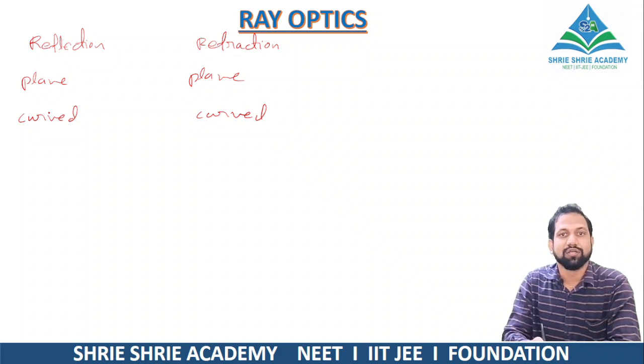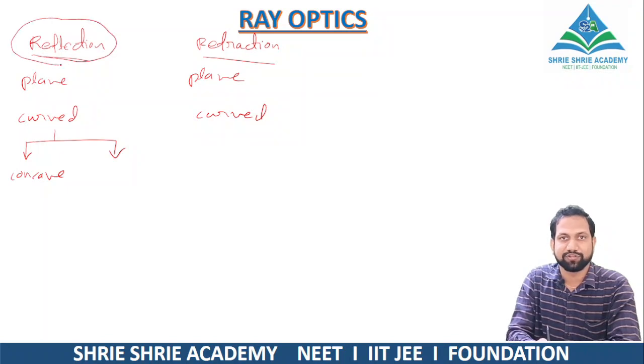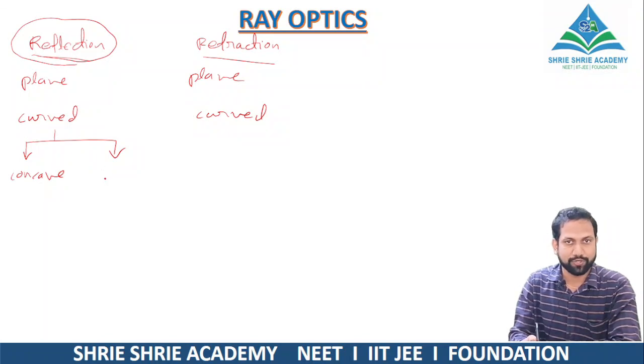Plane means the radius of curvature is infinity, but in the curved situation there will be 2 cases, that is concave mirror. Reflection means definitely it is a mirror. We will discuss it in case of ray optics. So there are 2 types of curved mirrors, concave mirror and another is convex mirror.